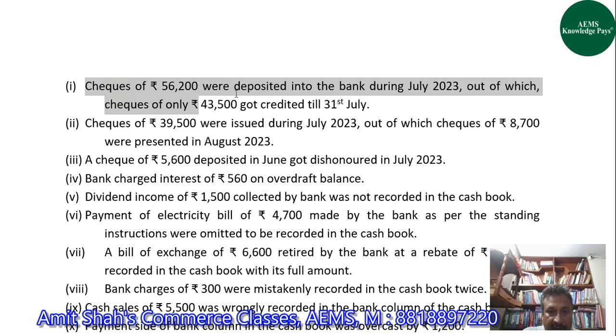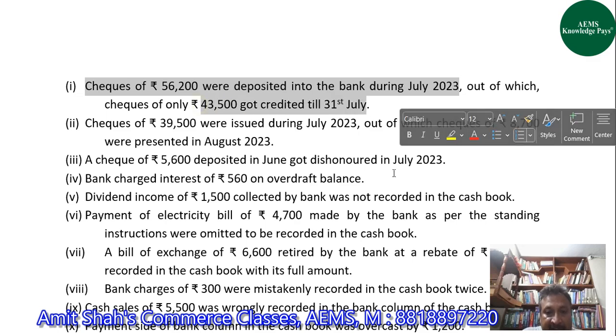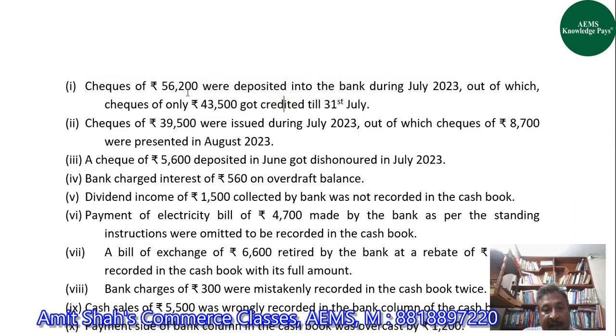Now, the first point that is given to us is during July 2023, we have deposited checks of 56,200, out of which checks of only 43,500 got credited till 31st July. In our cash book, we have increased our cash book balance by 56,200. However, in passbook, the balance got increased only by 43,500 because checks of this much only have got credited till 31st July.